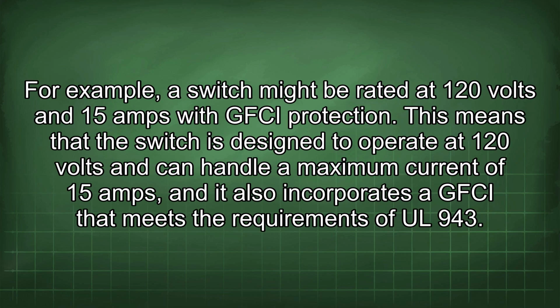For example, a switch might be rated at 120 volts and 15 amps with GFCI protection. This means that the switch is designed to operate at 120 volts and can handle a maximum current of 15 amps, and it also incorporates a GFCI that meets the requirements of UL 943.